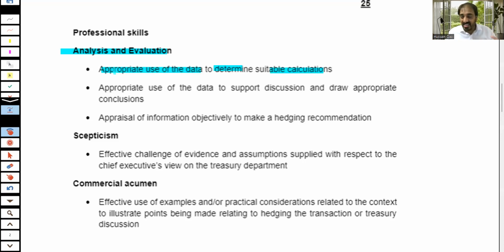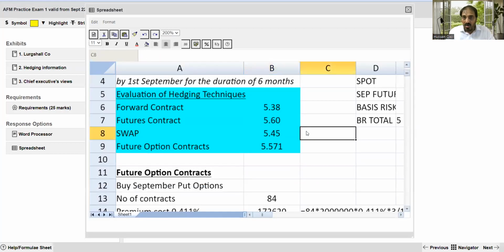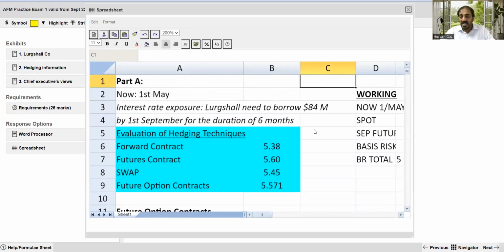So this part is actually about calculation. If you appropriately pick the data from the question, understand the requirement properly and determine a suitable calculation, that's whatever we have done here. So I must say the PSM, professional skill mark, related to calculation, you will already be able to get.